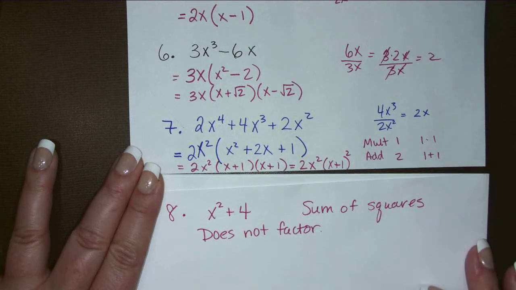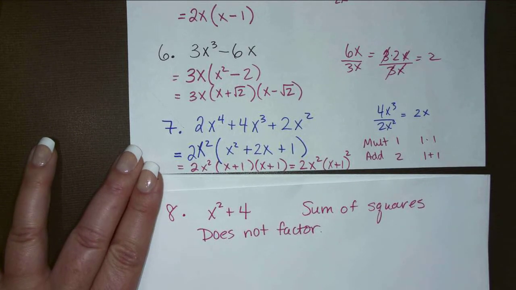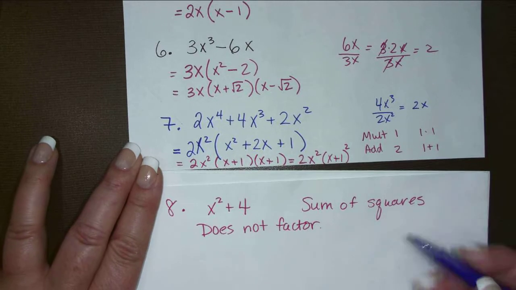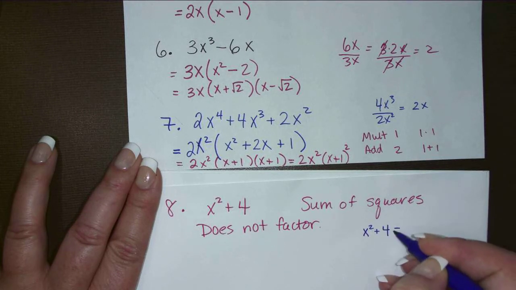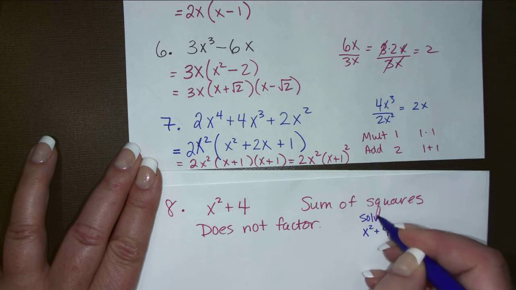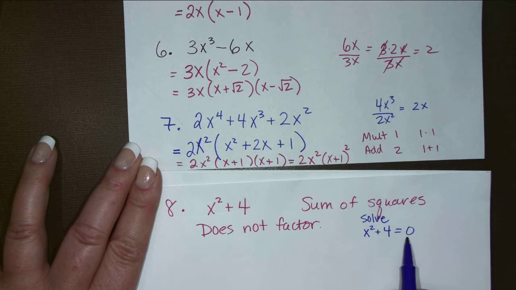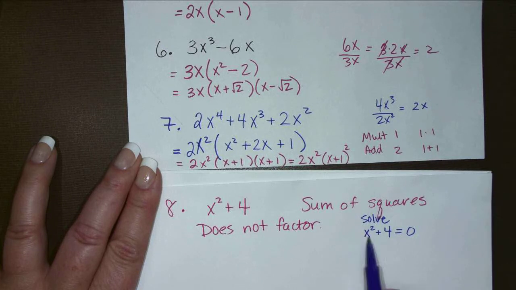Okay, so a difference of squares does, plus or minus whatever the square root is, but a sum of squares does not factor. Now, basically the idea is this: if you were trying to solve this for x, if you want some number plus 4 to equal 0, what would that number have to be?